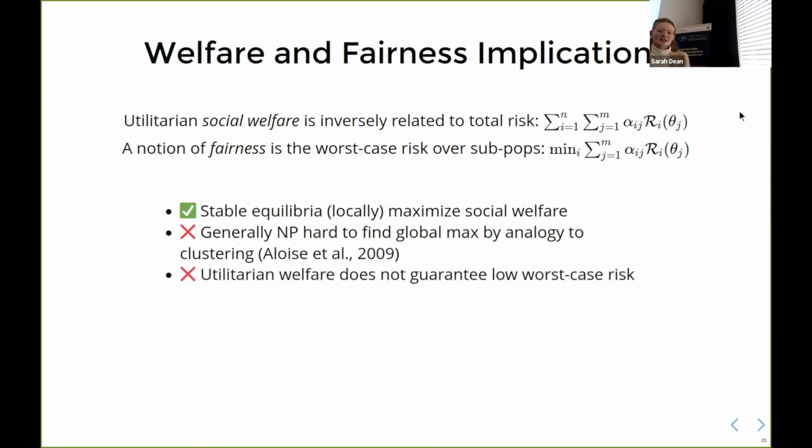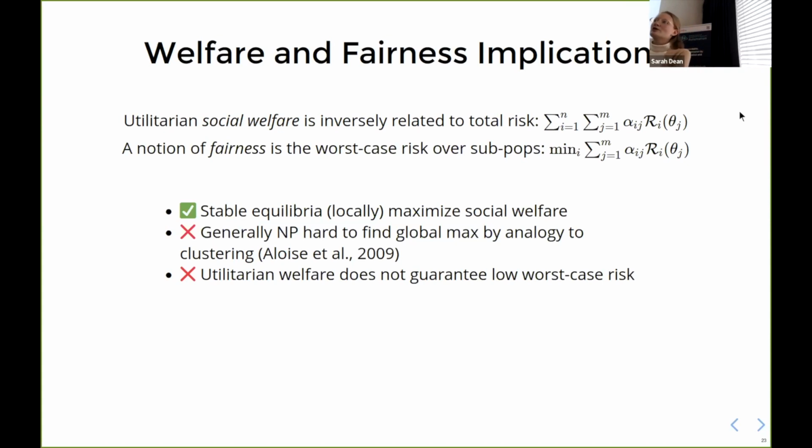Another kind of downside, or another not so great news, is that utilitarian welfare is not the same thing as fairness. And so having high utilitarian welfare, even if we could get to that global max on welfare, does not guarantee that the worst case subpopulation has low risk, right?